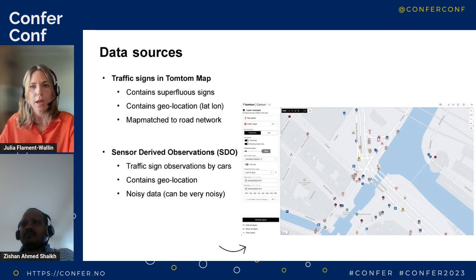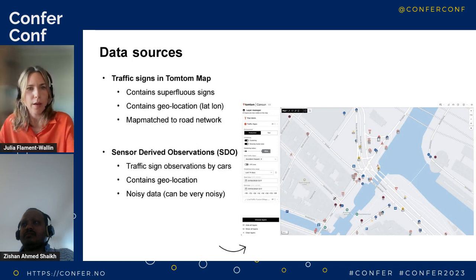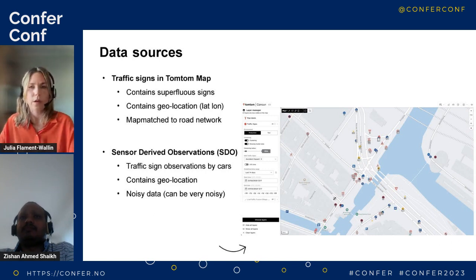And the sources that we work with here are sensor derived observations. We like to call them SDO. And these are traffic sign observations by cars. They can be from various cars. They contain geolocation, so we know where the observation was observed.